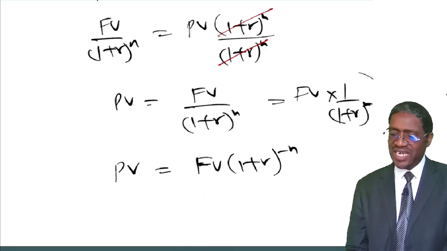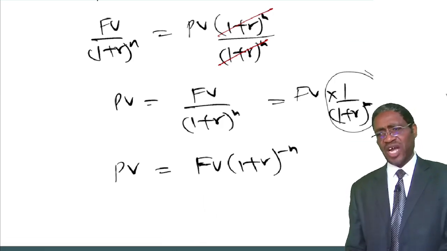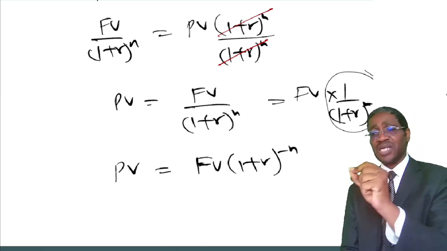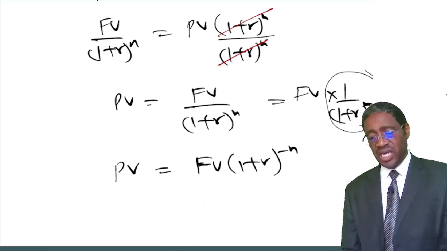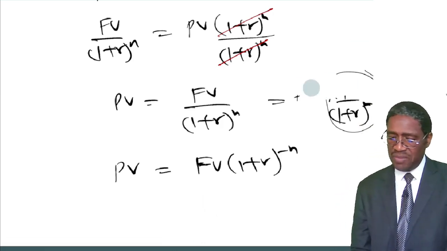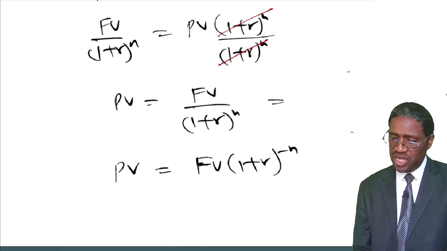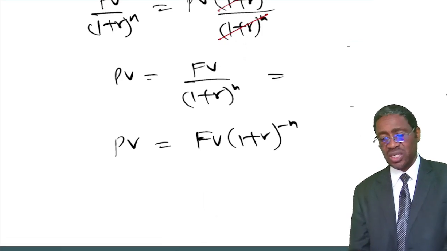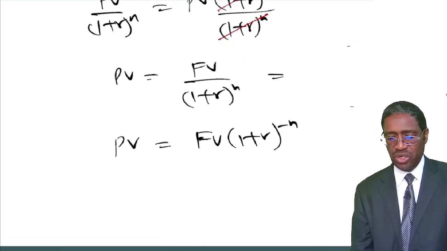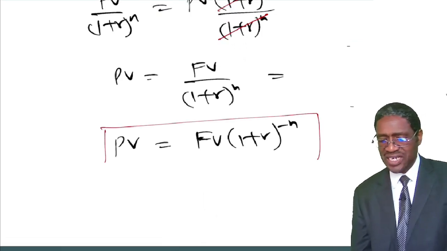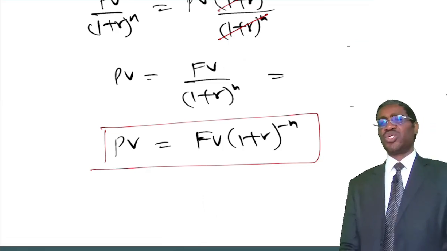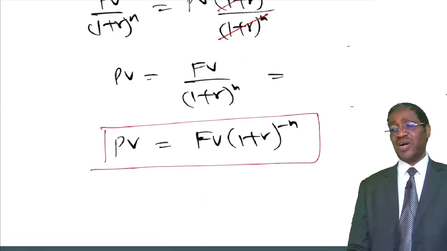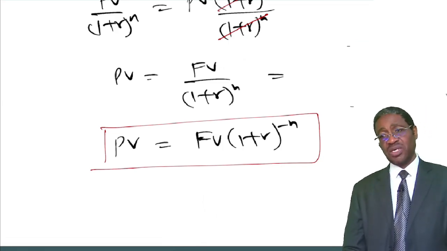So if I take the reciprocal of that factor, it becomes 1 plus r to the power of negative n. Mathematically, that can be expressed that way. So this is the formula that we shall be using to get the present value of a future amount.